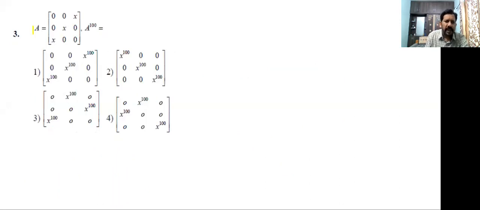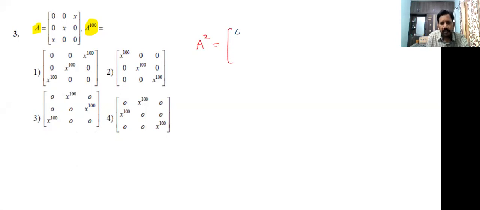So here the A matrix is given. We need to find A power 100. Directly we can't get A power 100, so that's why first find A square. A square means what? A into A, or not?